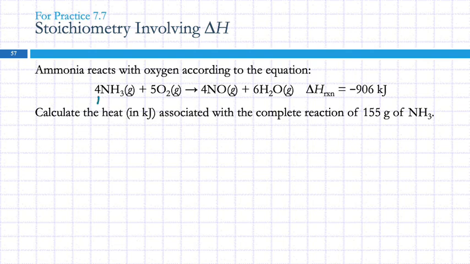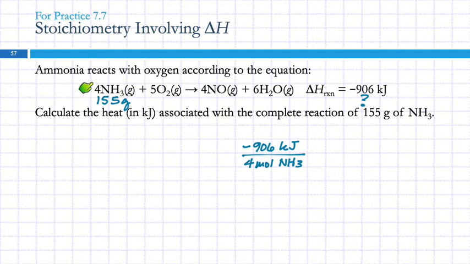So I have 155 grams, and I want to know how much heat is going to be given off. Well, this is the kilojoules per 4 moles of ammonia. Negative 906 kilojoules for every 4 moles of ammonia.